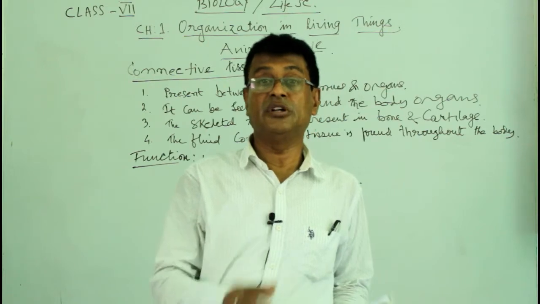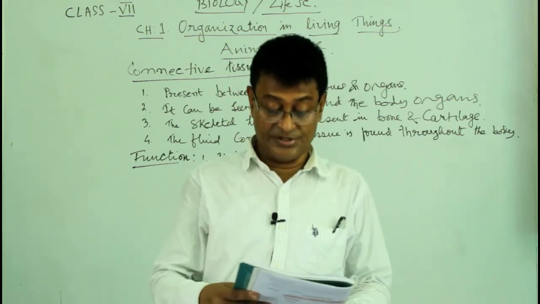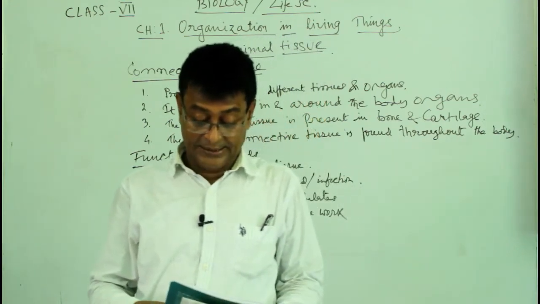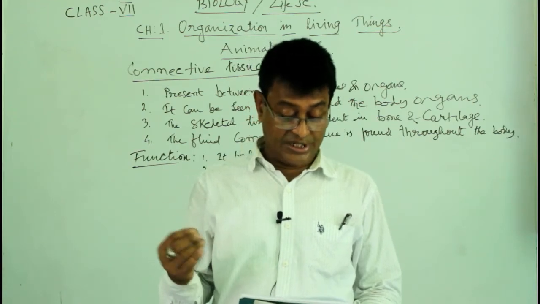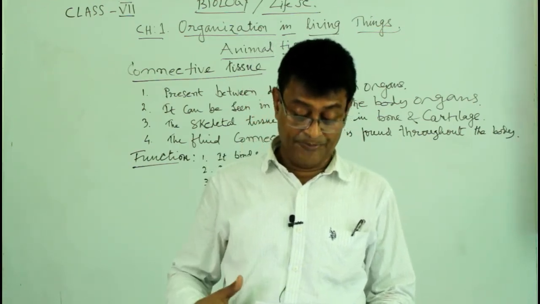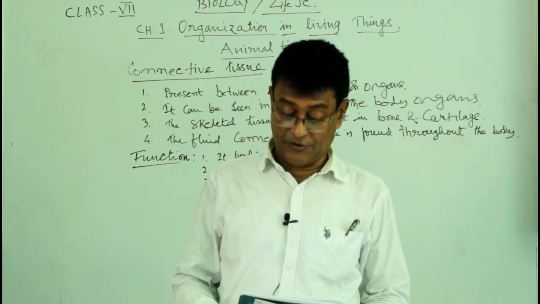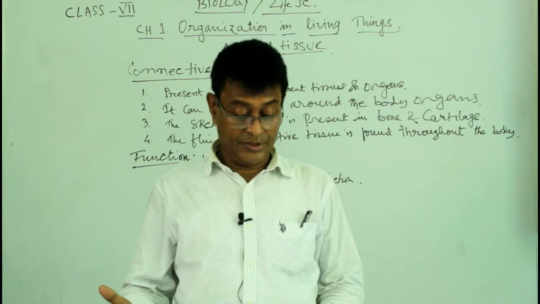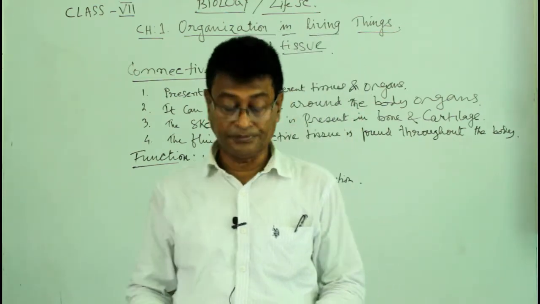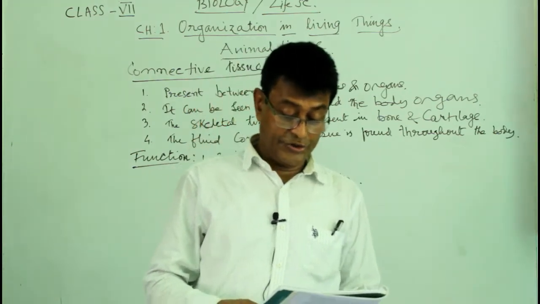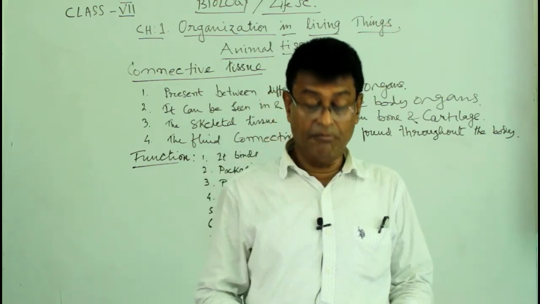Uni means a single nucleus is there. And these muscles are found in the internal organs such as the alimentary canal, stomach, intestine, and urinary bladder, and they are responsible for movement of food in the alimentary canal and stomach, and of urine from the urinary bladder.